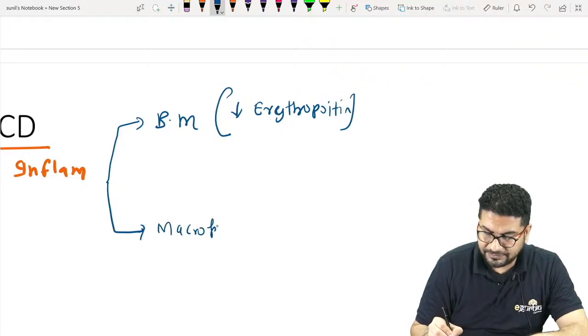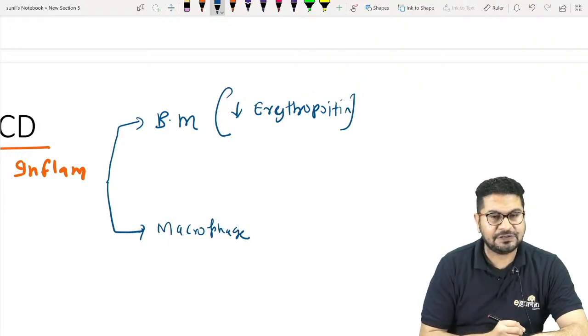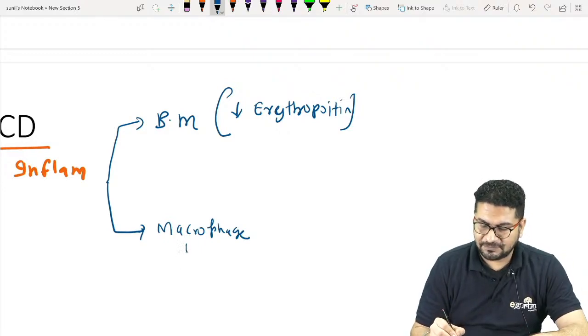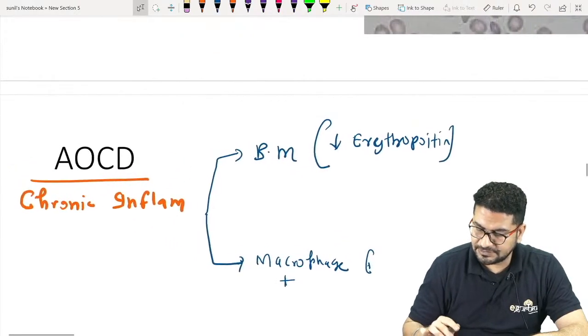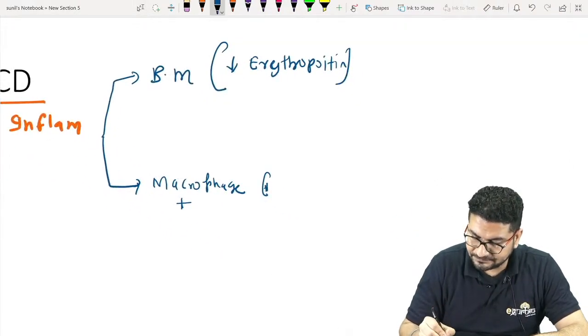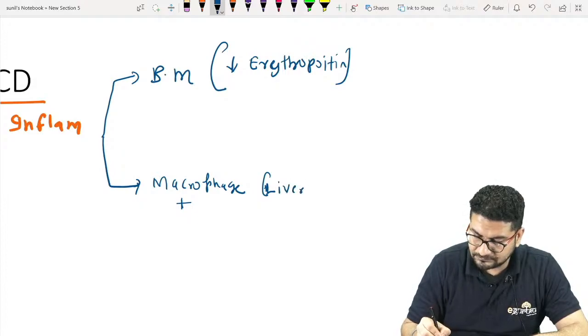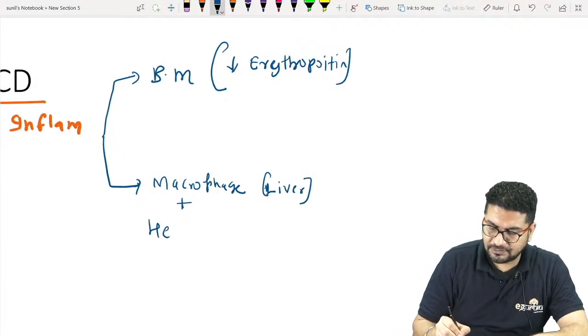And this macrophage, with the help of a protein, especially in the liver. I told you in the liver we have a protein called hepcidin.